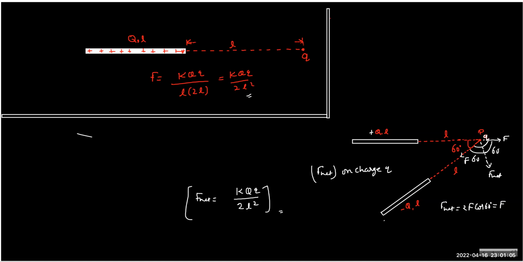Because the F value is KQq by 2L square, no? The minimum distance is L, the maximum is 2L. Okay? Yes, sir. So minimum is L, maximum is 2L. That's what it is, 2L square.